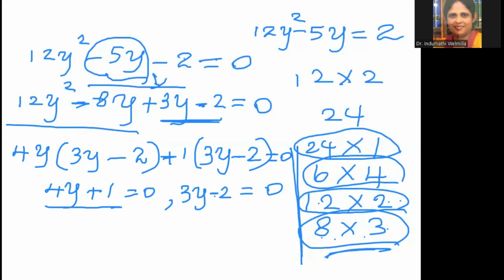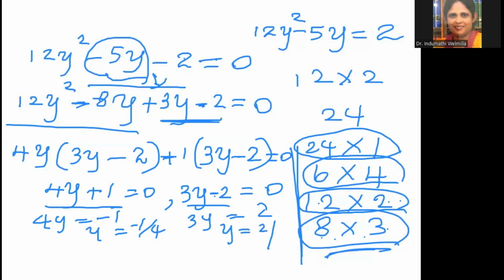From this, 4y equal to minus 1, then y equal to minus 1 over 4. From the second one, 3y equal to 2, and y equal to 2 over 3. Okay, that is the way we can solve a quadratic equation by using the factorizing method.